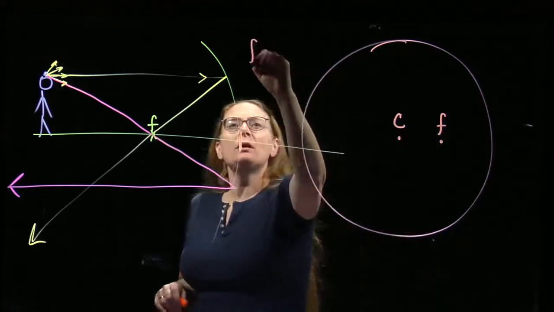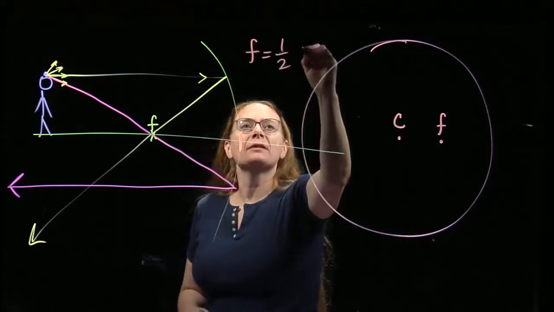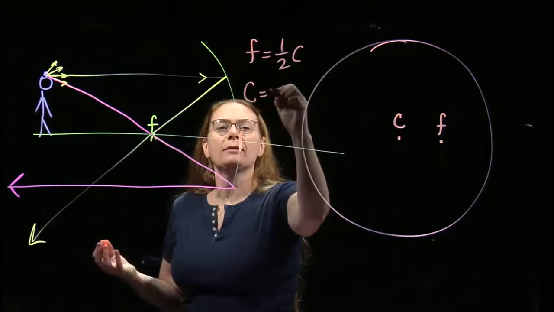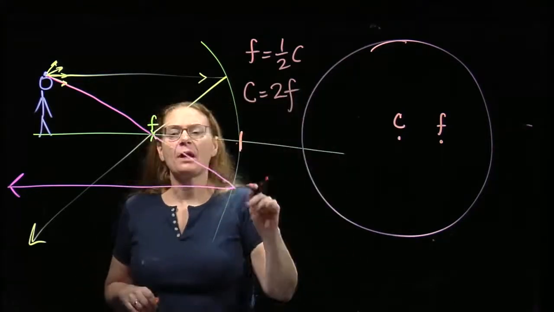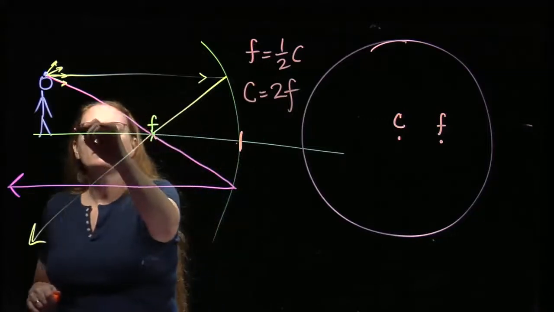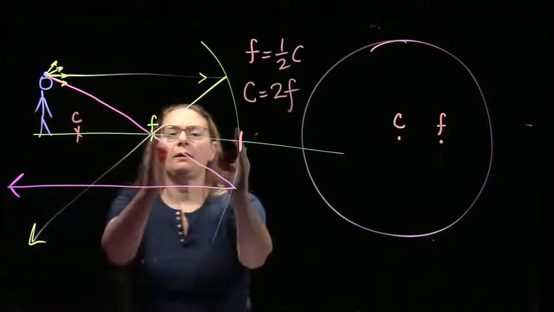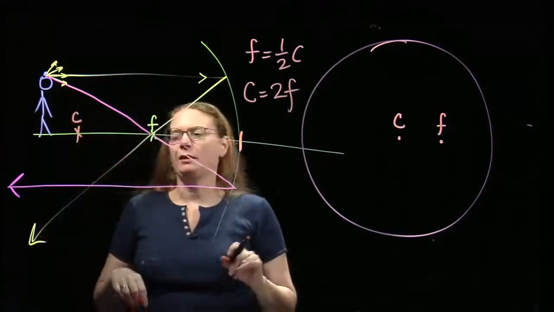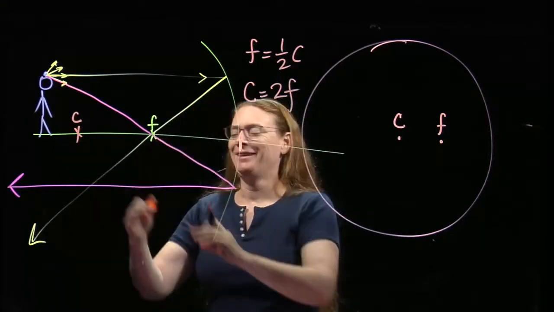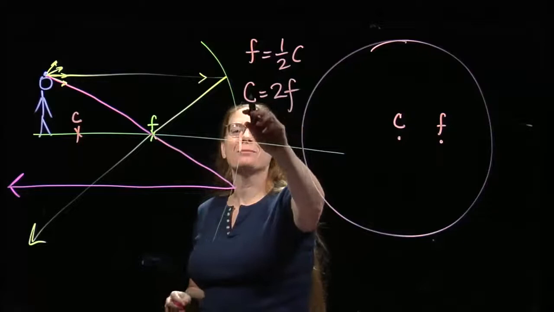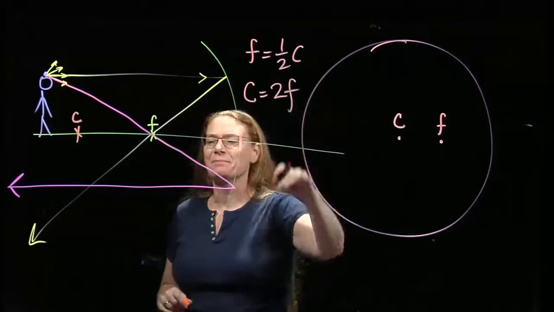So the focal is half of the center of curvature, or you can think of it as the center of curvature is 2 times the focal length. So there's this thing called the center of curvature, and it's double the focal. Okay, I don't think I did that very well. If you're making notes, try to make it double, because it should be double. Mathematically, this is the case.